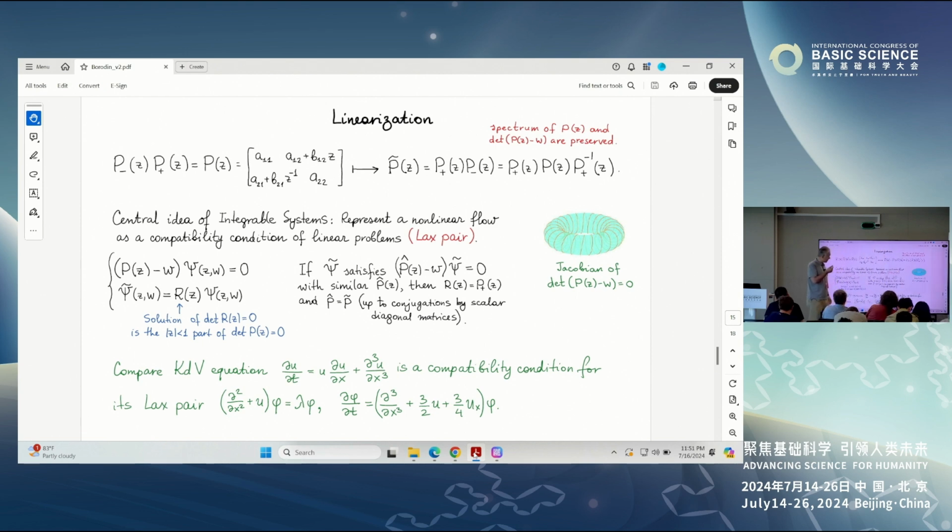The key property that makes the integrability possible is that one can see how the singularities of this function in z and w evolve under the dynamics. In my case, this is a size 2 vector function, so 2 scalar functions on this curve. They're meromorphic, so they will have zeros and poles.